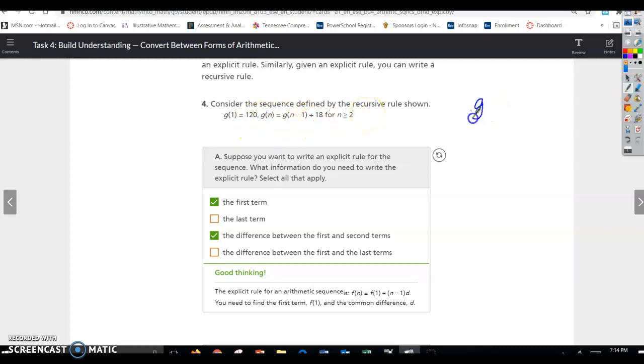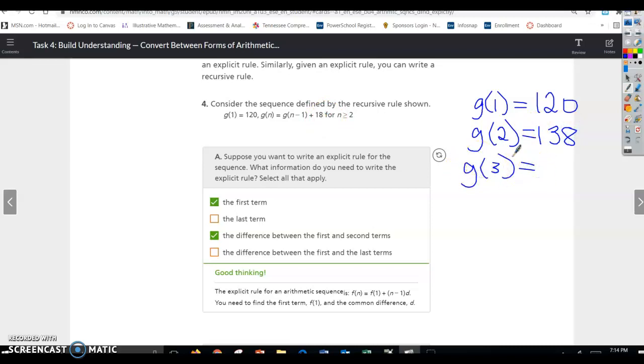So G of 1 equals 120. G of 2, I'm going to add 18, so I'm going to get 138. G of 3, I'm going to add 18 to the previous term, so add 18 to this and I get 156.